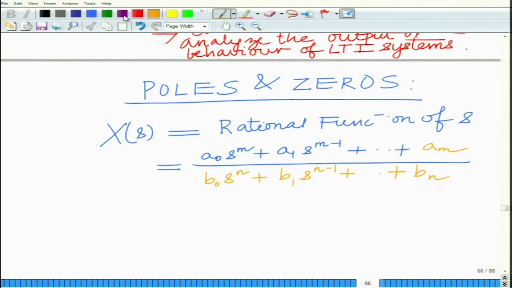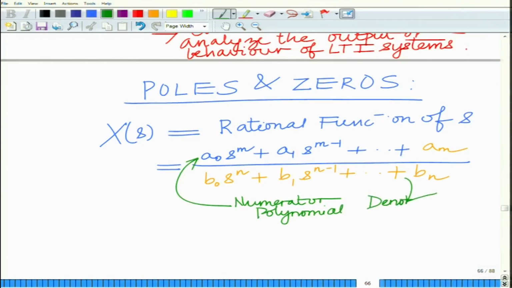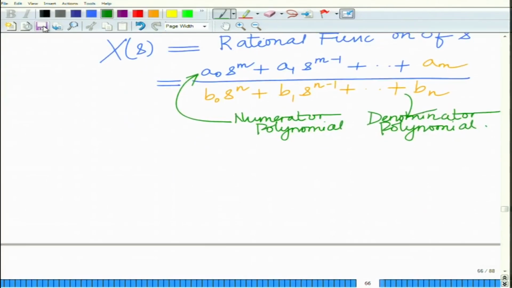Okay. So, this is of the form numerator polynomial divided by denominator polynomial.